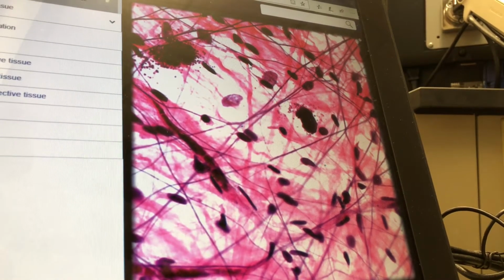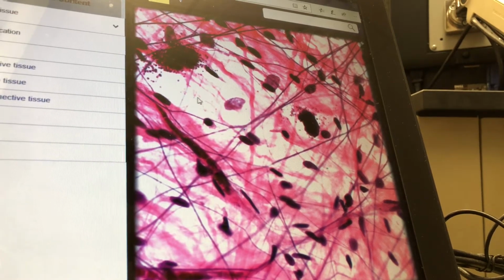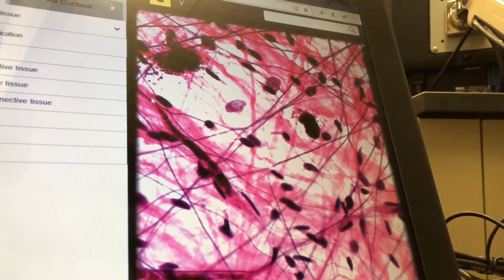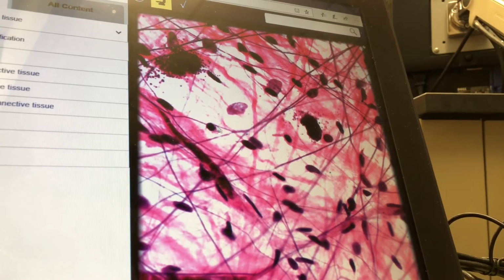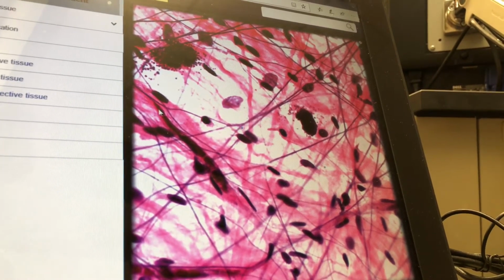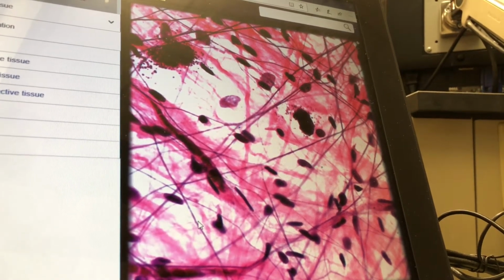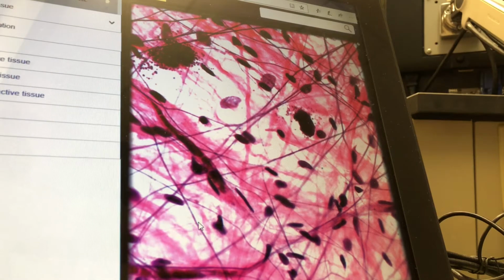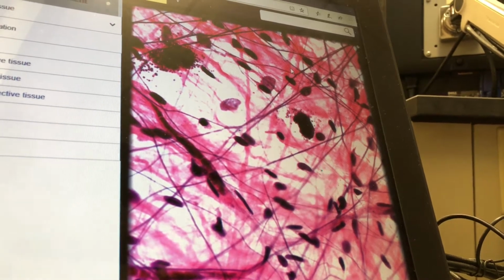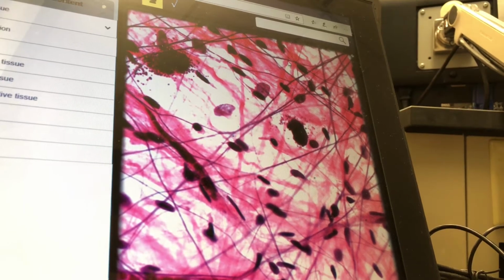And so when you're trying to identify the elastic fibers in here, what you are looking for are these very thin black lines running throughout the tissue. Here's an elastic fiber here. Here's an elastic fiber here. Now, where will we find the collagen fibers? It's these thicker pink fibers running right here. You can see one right there.